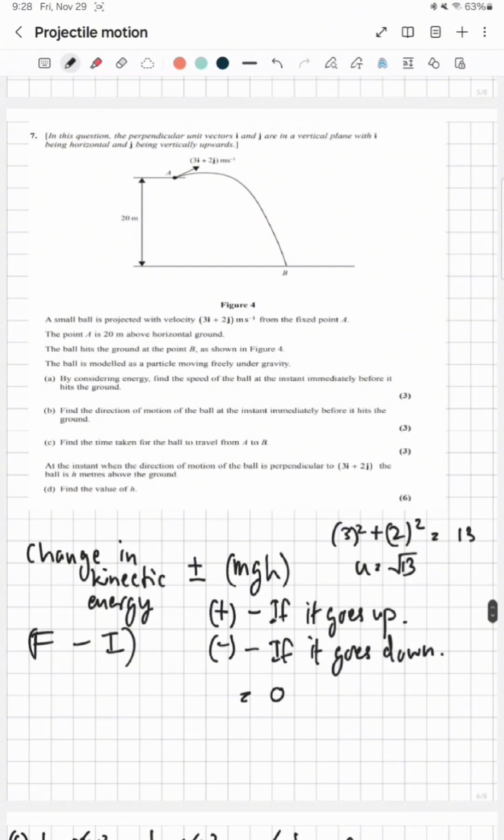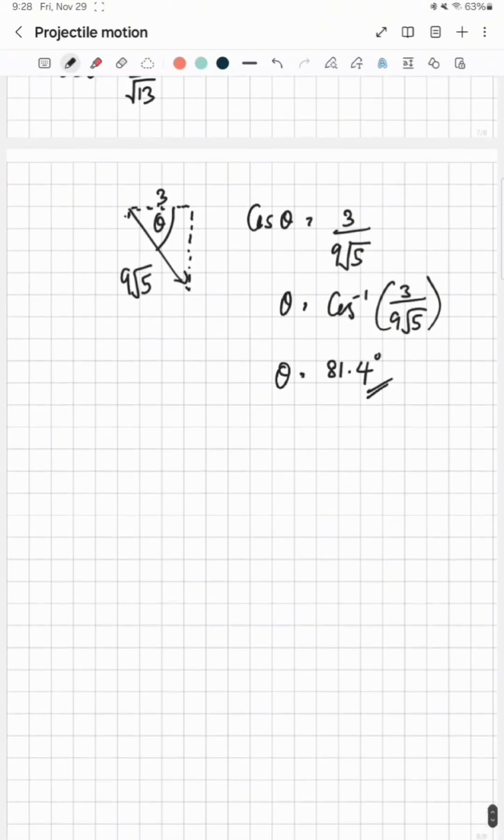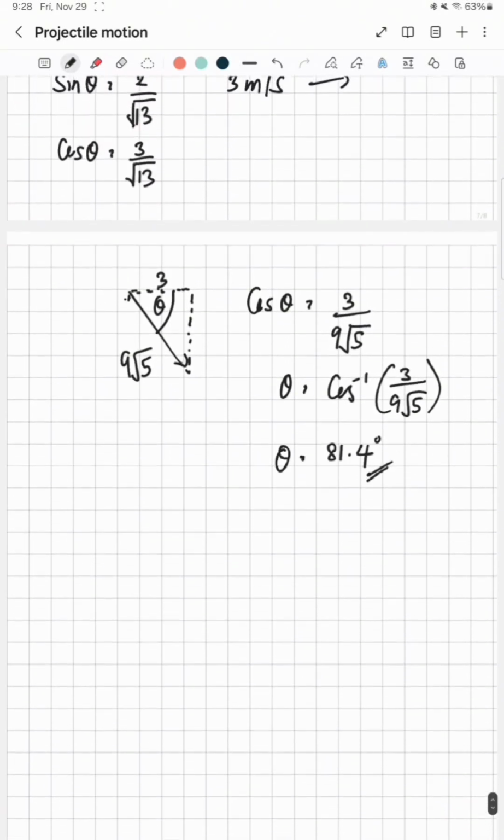Now part C. They say find the time taken for the ball to travel from A to B. That's easy, right? So we can use v equals u plus at. Simple equation. We know the final speed, we know the initial.